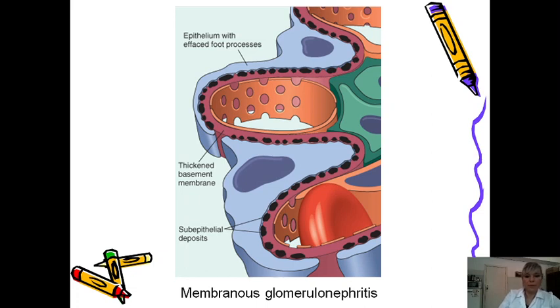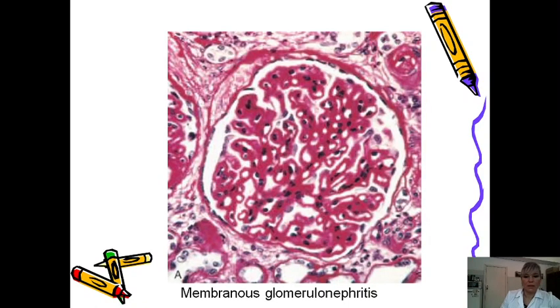Look, membranous glomerulonephritis with a proliferation of membrane cells, and histologically we see similar picture due to membranous glomerulonephritis and membranous glomerulopathy.